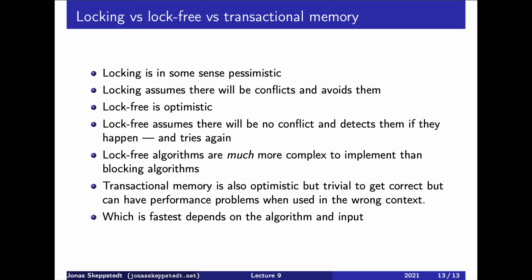So if the data structure itself is complex and needs lots of memory accesses, and the operation to do something with the data structure is complicated, then probably a lock may be a better choice, because using lots of atomic variables will by themselves make updating them slower. But what is more serious is lock-free algorithms are much more complex to implement than blocking algorithms.